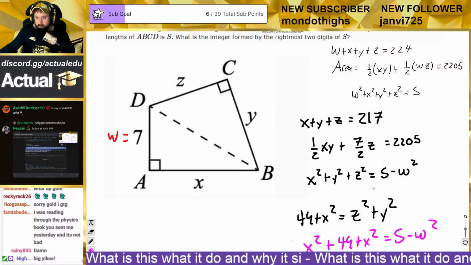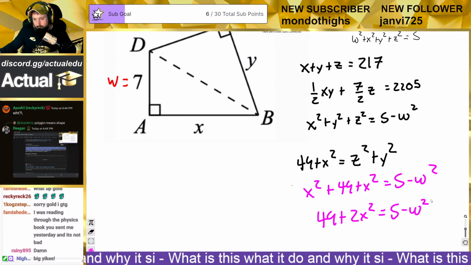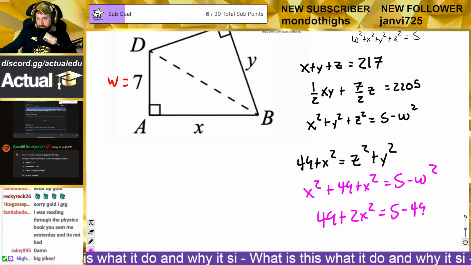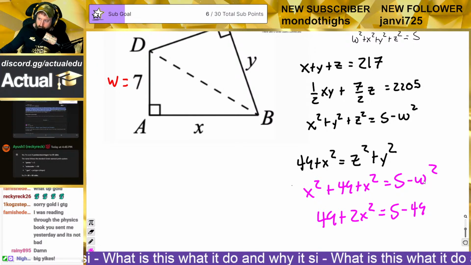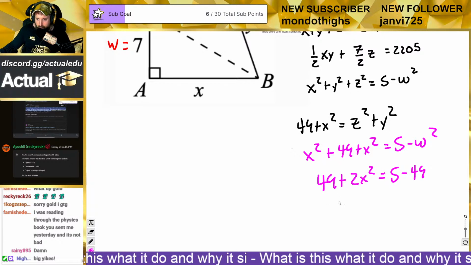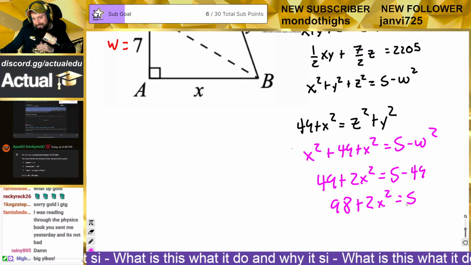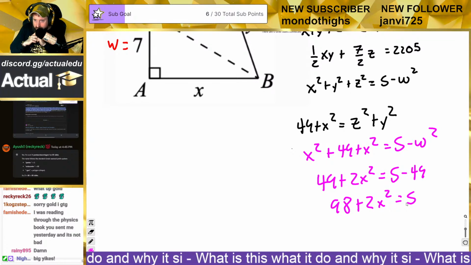Right? X squared plus Y squared plus Z squared. Oh, very cool. Wait, whoa. W squared is just 49. I'm dumb. Okay. Oh, so now we have a solution. So 98 plus 2X squared equals S. All we need is X now.